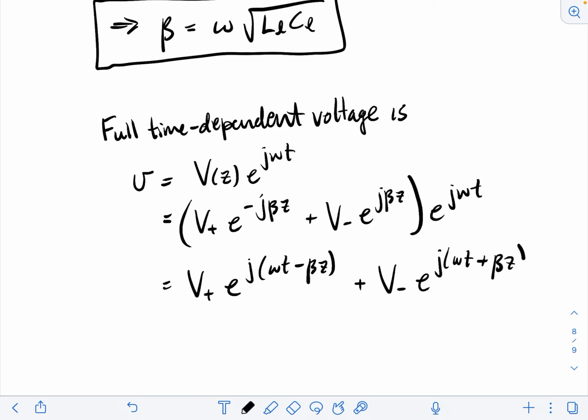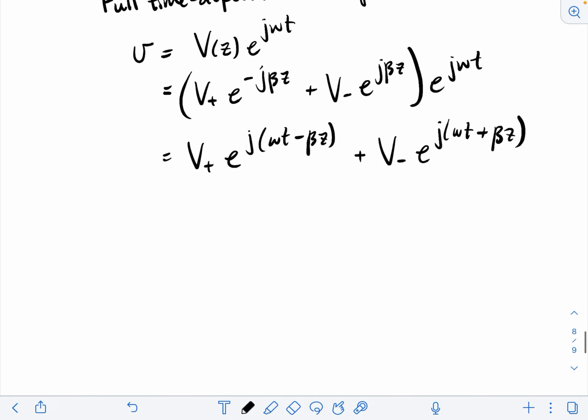You might recognize this form of e to the j omega t plus or minus beta z as a traveling wave. And so let's see if we can interpret these traveling waves a little bit. We'll do our interpretation by considering sine of omega t minus beta z.